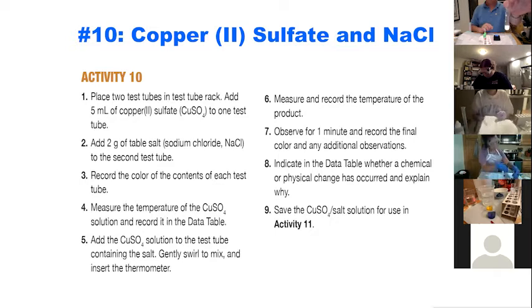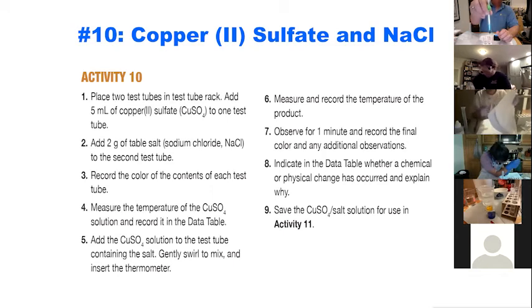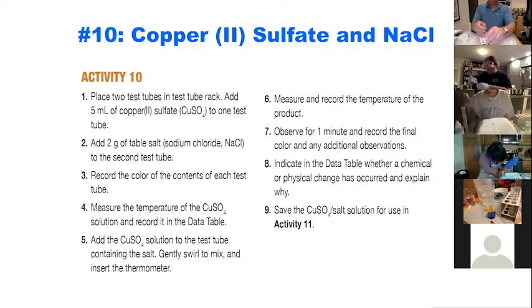Right, so I got salt in here. Sodium chloride in one. I've got my copper sulfate in the other. I'm checking the temperature, 21 degrees, like everything has been. Pour the copper sulfate into the sodium chloride.